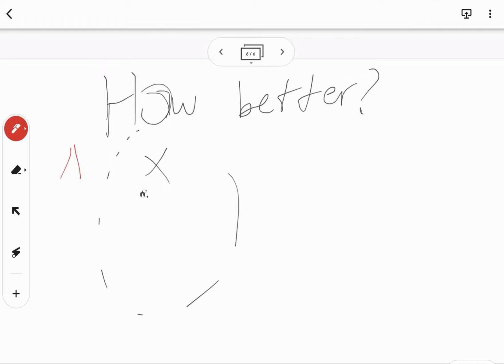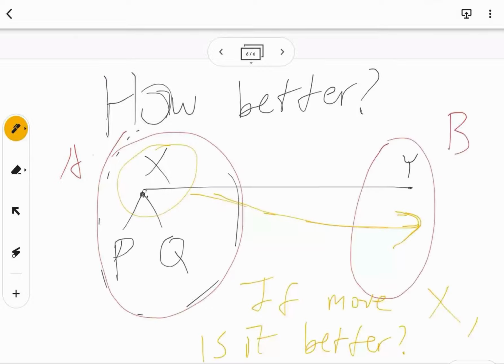Then if you moved X over, it would be better, right? If you just move X, is it better? Well, first of all, X is not good as it is because we want everything to have at most one neighbor in its own set.